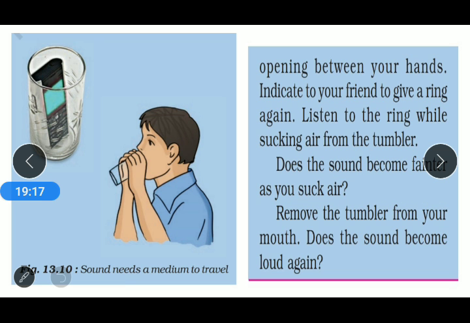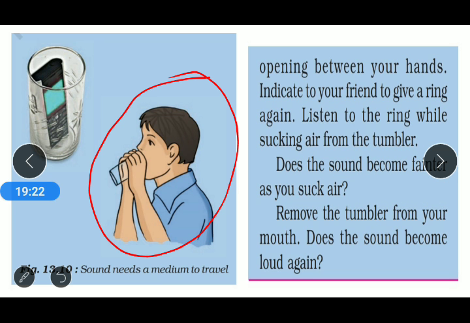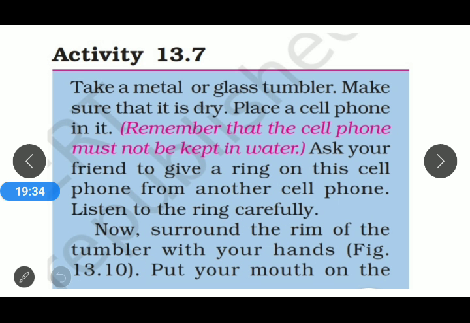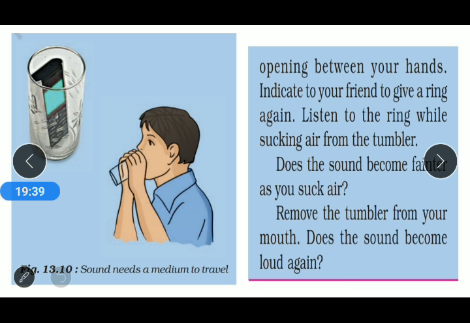Like the second picture shown, we hold that tumbler with the help of our fingers and hold our hand at the opening near our mouth, as shown in that figure. Now again we ask our friend to give a ring again.